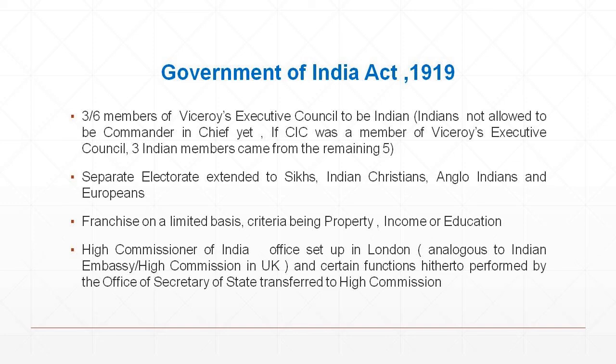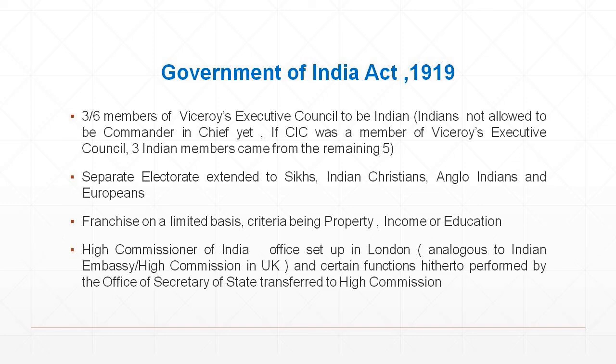Fifth, it extended the principle of communal representation by providing separate electorates for Sikhs, Christians, Anglo-Indians and Europeans. Earlier, the system of separate or communal electorate was for Muslims only. That is according to the Morley-Minto reforms and the Government of India Act of 1909.